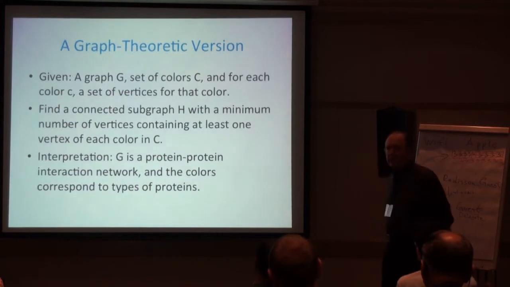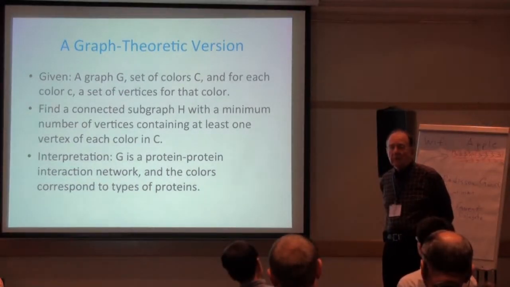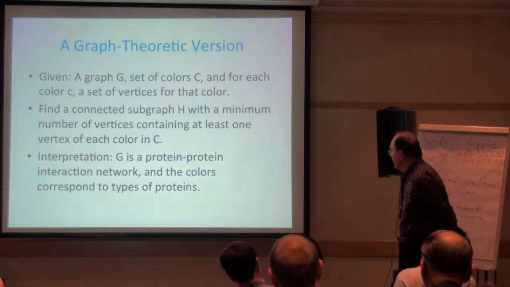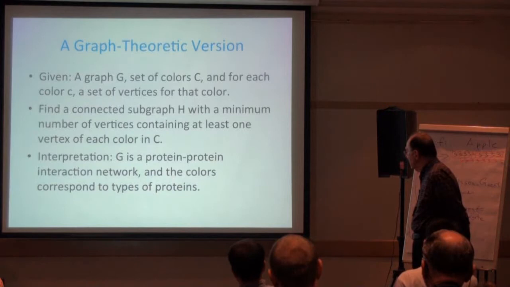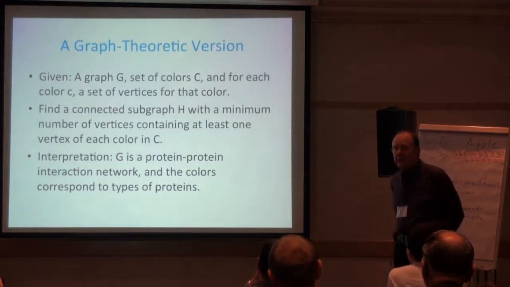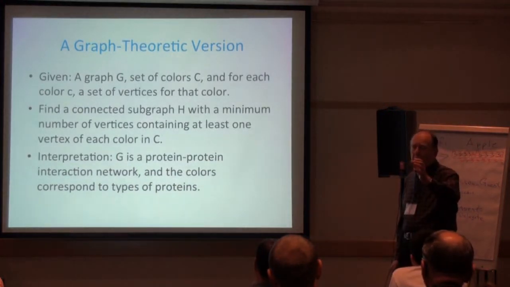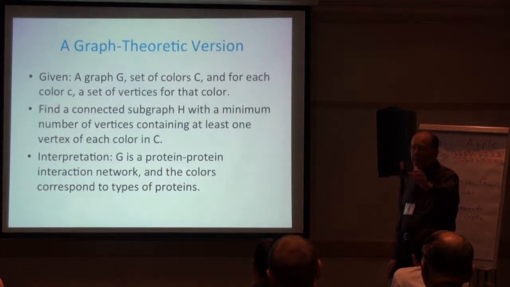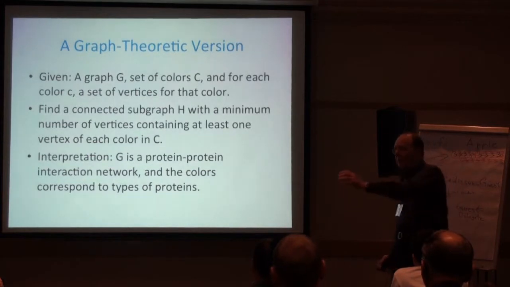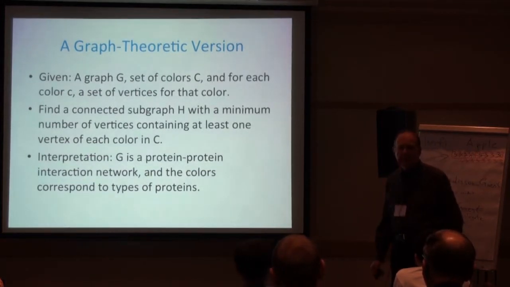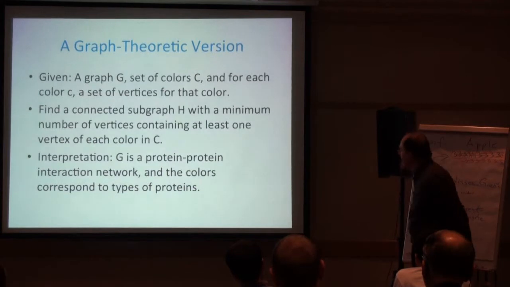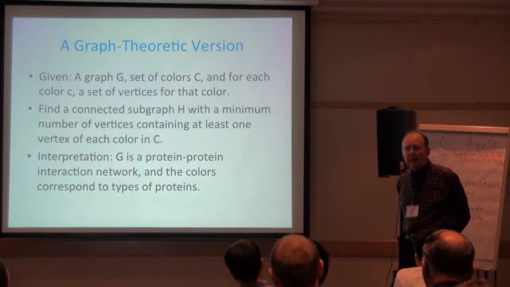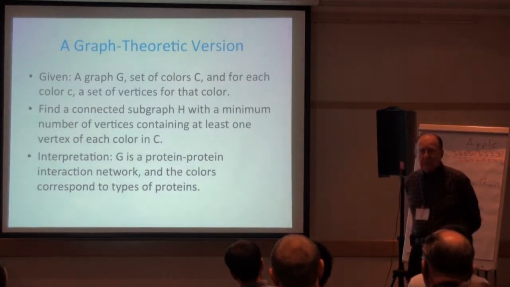We're given the set of proteins that we would like to find within a subgraph, and we want a subgraph of minimum size that contains a protein of each type. And this is exactly the problem that Produles encounters in mapping over from a proposed module in a first species to a counterpart in a second species. Okay, so you've got colors, you've got a graph, and you want to find a smallest graph that contains at least one vertex of each color.